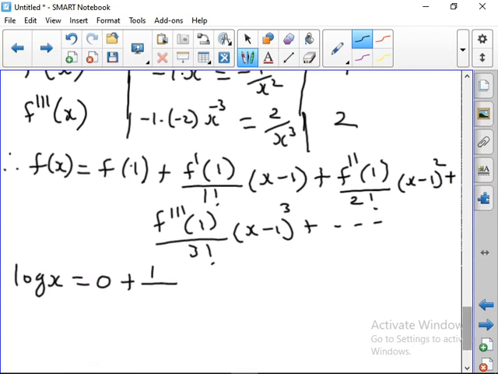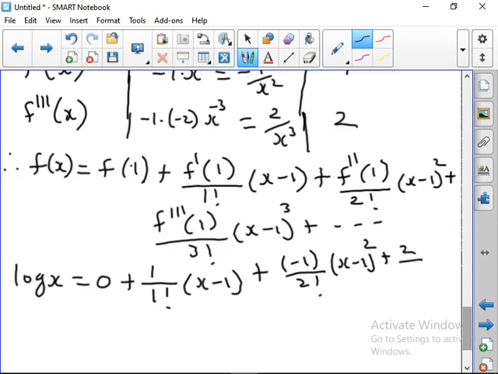So 1 by 1 factorial into x minus 1 plus f double dash of 1 is minus 1 by 2 factorial into x minus 1 the whole square plus f triple dash of 1 is 2. So 2 by 3 factorial into x minus 1 the whole cube plus etc.